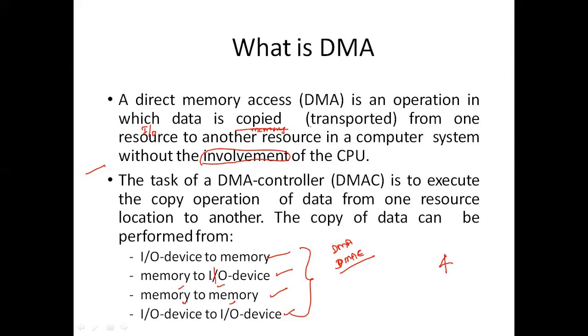We make the CPU a slave and DMA the master, and we transfer the data from DMA to any other memory location, or IO to memory, memory to memory, or IO to IO. That is the major important thing.